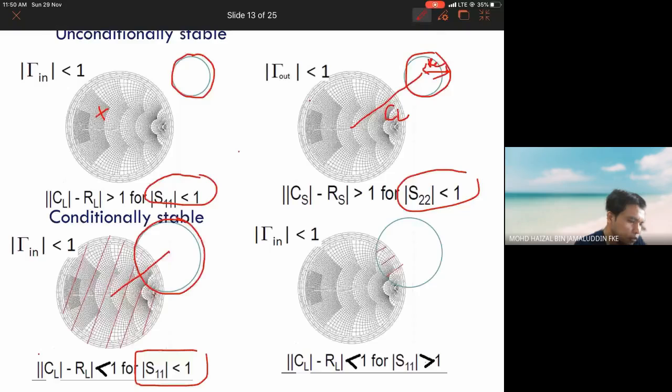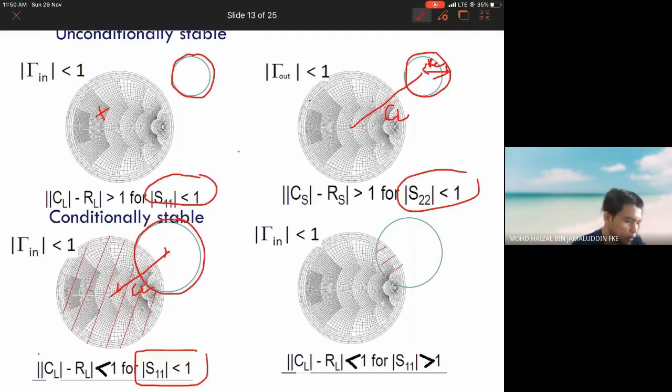Here, let's say, CL will be more than 1, and RL maybe less than 1 or maybe more. So you will have some intersection here.